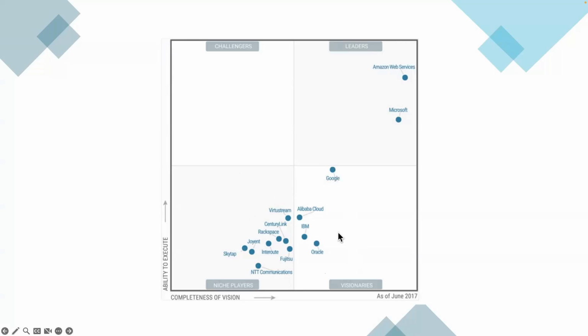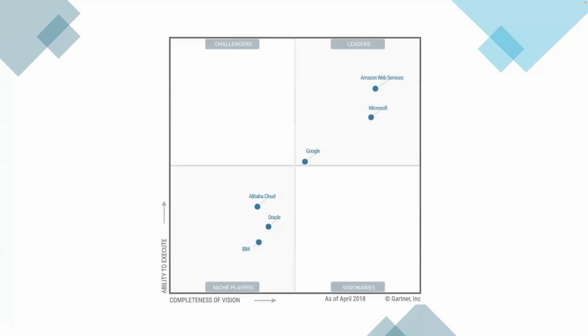It starts with the visionaries, niche players, challengers and leaders. In 2017, Google was in visionary position, and within 1 year, it reached leaders position.